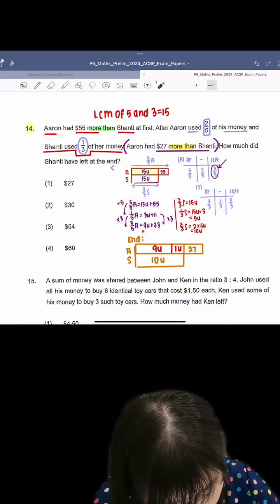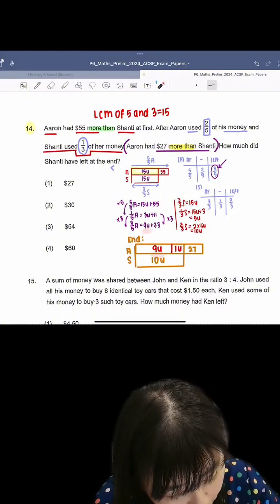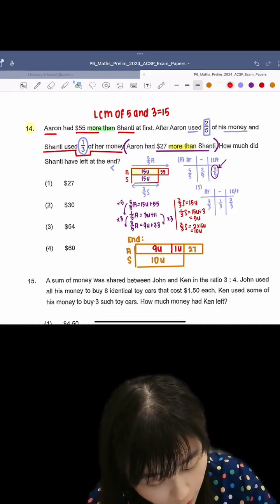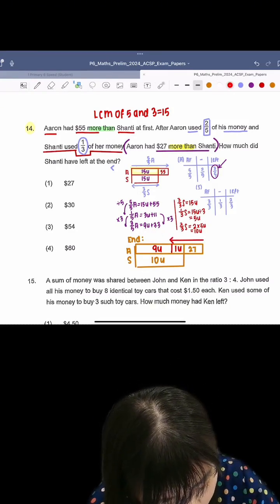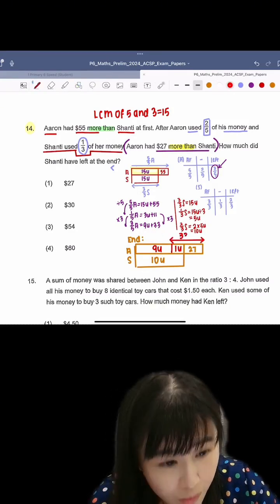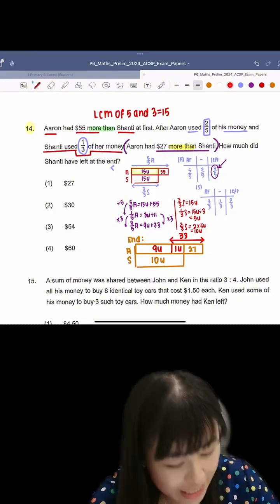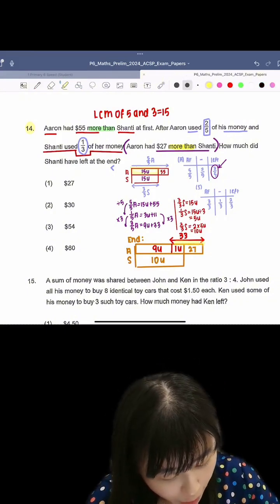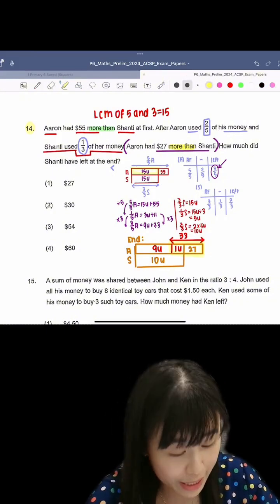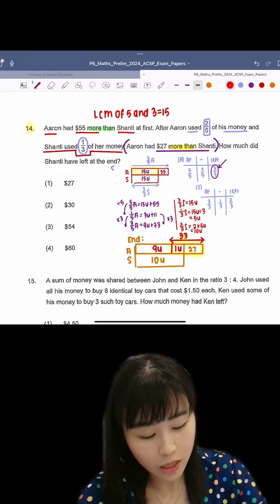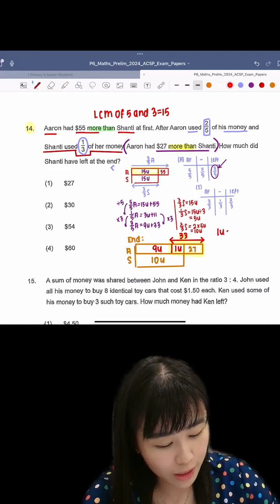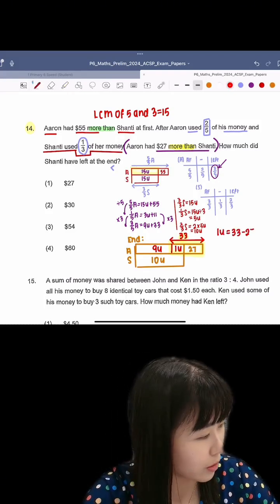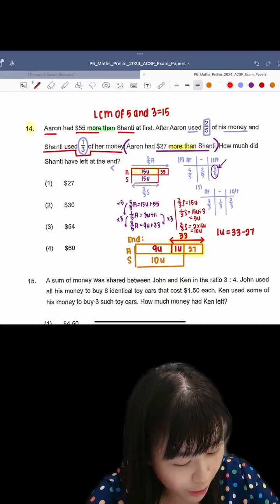If my 9 units are already here, whatever is left behind must be my 33. So you can put in here 33. From here you can tell, 1 unit plus 27 is 33. So to find 1 unit is 33 minus 27, which you will get 6.